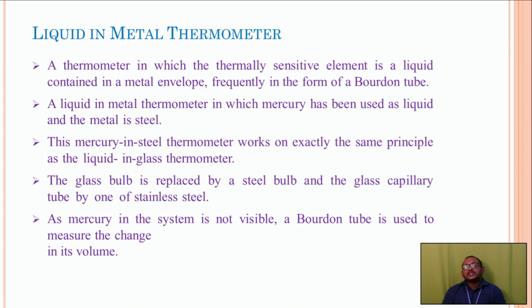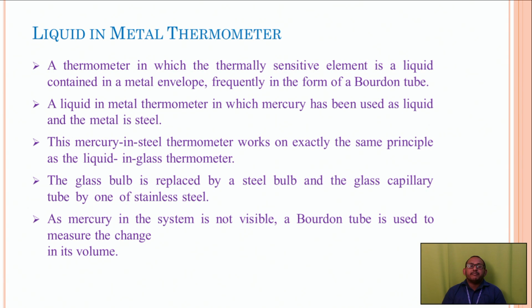Then coming to the next topic, we will discuss the liquid in metal thermometer. The liquid in metal thermometer is filled with mercury, which is filled inside the metal, steel.